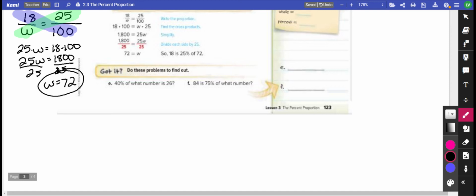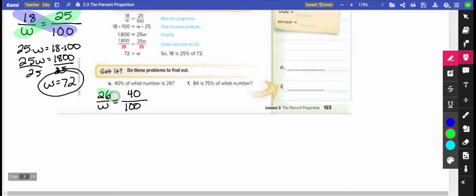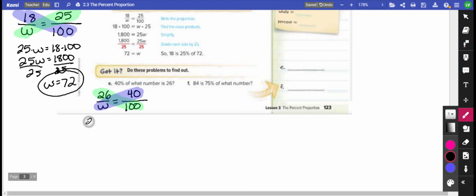40% of what number is 26? Well, let's set up our percent proportion. We know it's going to be 40 divided by 100 for our percent ratio. Then it's 26 over W, because 26 is our part. 26 times 100 equals 40 times W. So that gives us 2600 equals 40W.